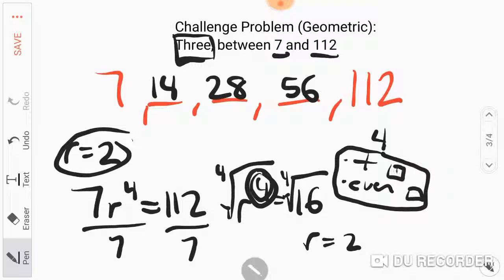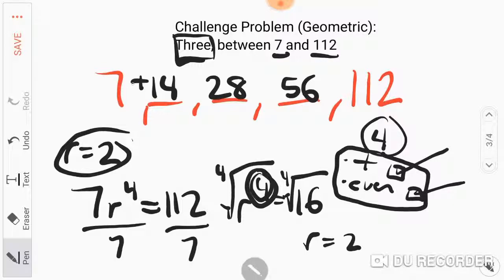So this 4 is both positive and it's even, meaning that our answer can be both positive and negative. Because say you have 4 and you have positive 2. Positive 2 squared is 4, but negative 2 squared is also 4. So you can have a positive or negative answer.